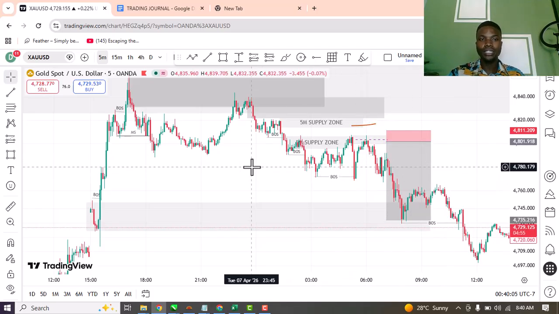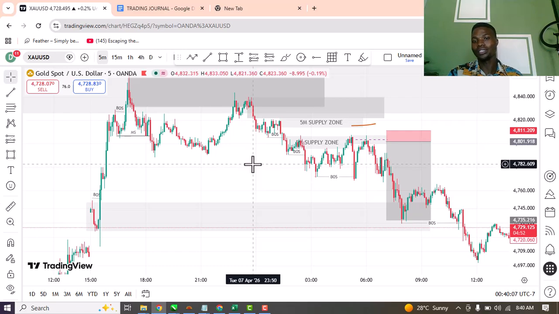So it is purely price action combined with supply and demand.